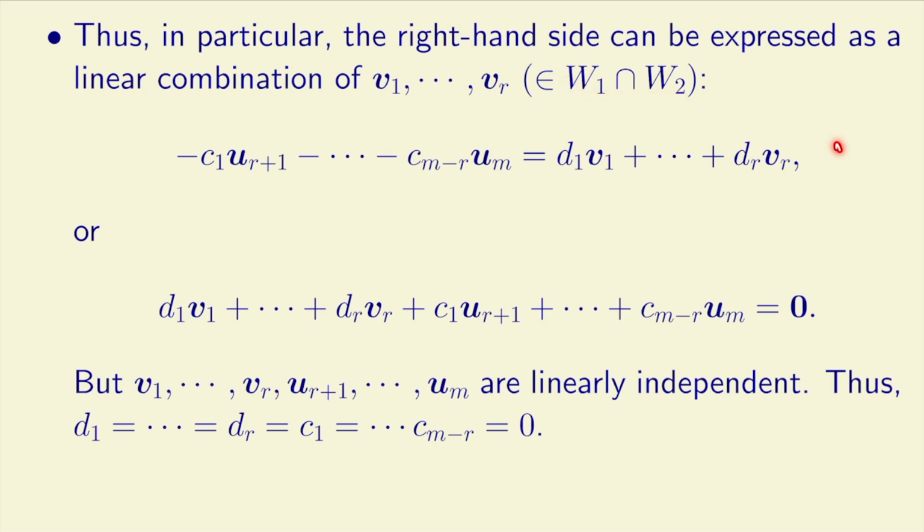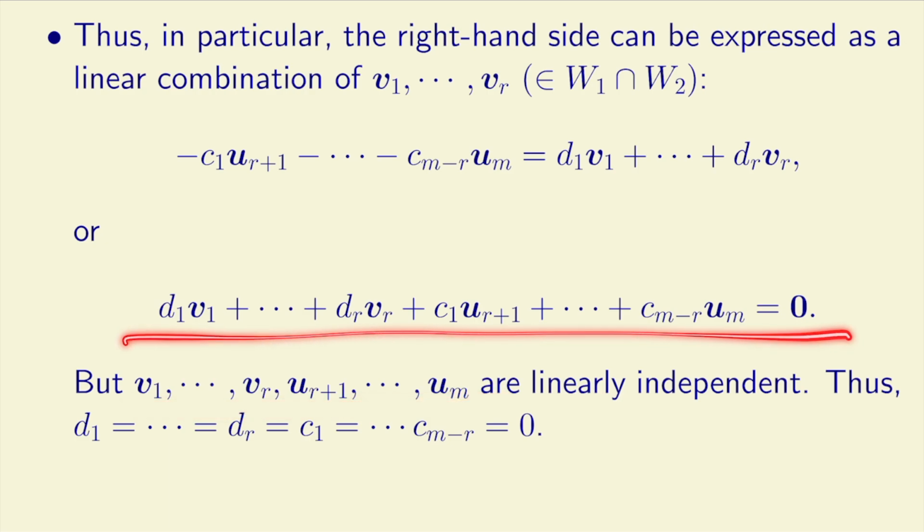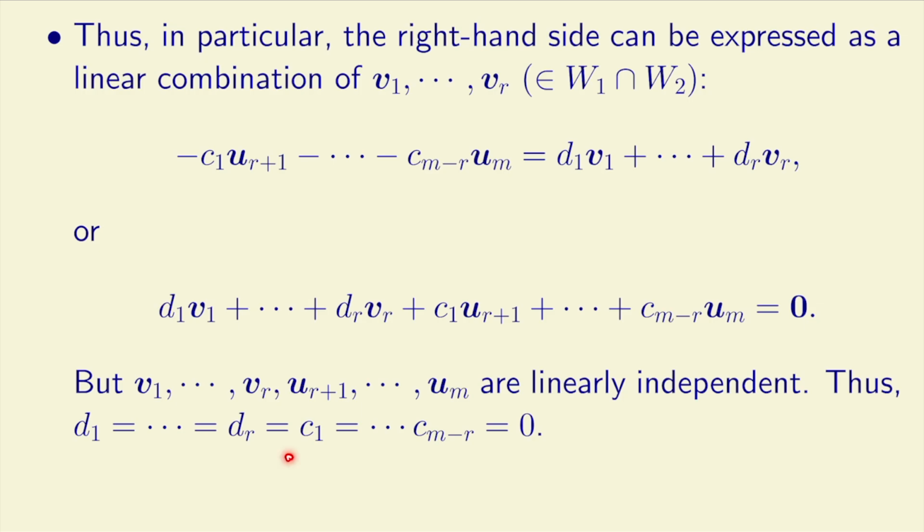Now, let's rearrange this into this form: d1 v1 plus up to dr vr plus c1 u r plus 1 up to c m minus r um. But these vectors form a basis of the subspace W2 by definition, so they are linearly independent. That means if this right-hand side is the zero vector, all these coefficients are zeros. In particular, these c's are zeros.